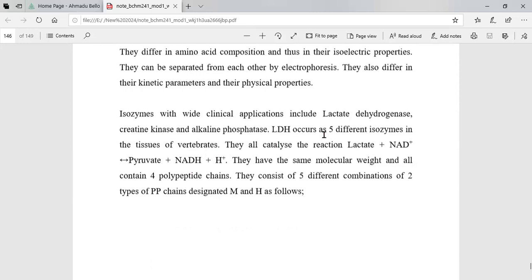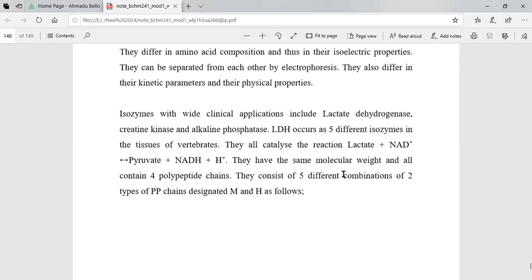Lactate dehydrogenase occurs as 5 different isozymes in tissues of vertebrates. They all catalyze the reaction lactate plus NAD+ to pyruvate plus NADH plus H+. They have the same molecular weight and all contain 4 polypeptide chains.